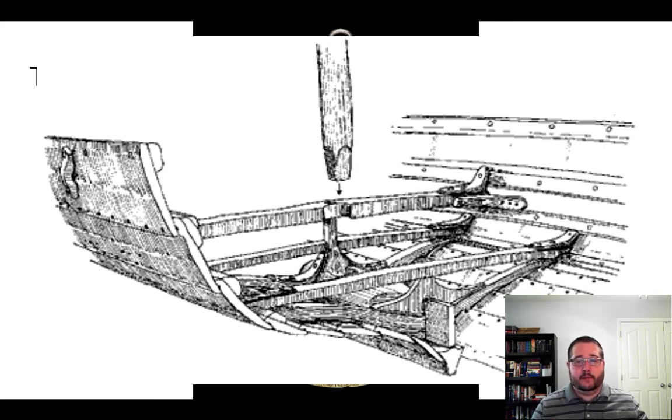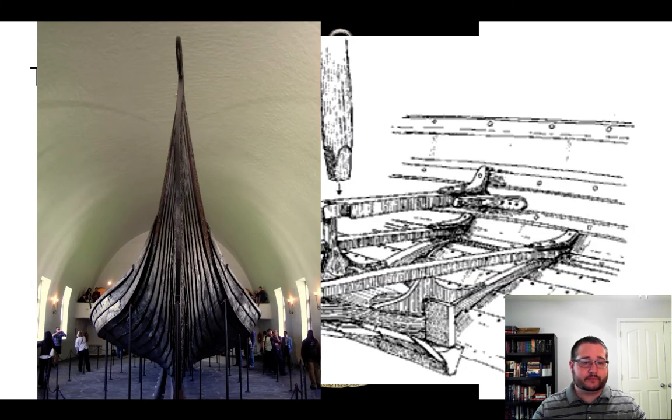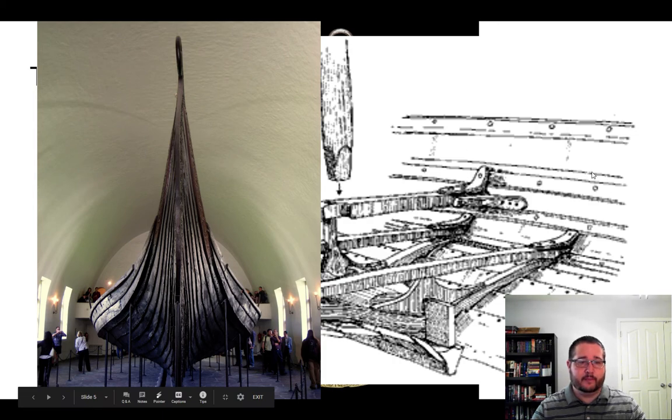And the idea behind different hull constructions like this is it provides more flex and bend while still providing enough rigidity to sail through the open ocean steadily, but without shattering upon impact in larger swells. Here's an example of that in a museum.